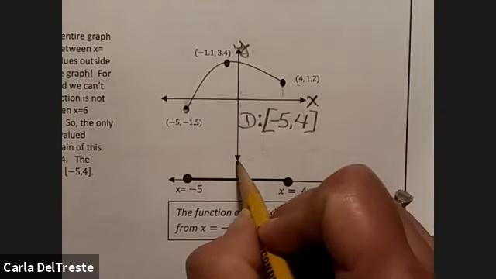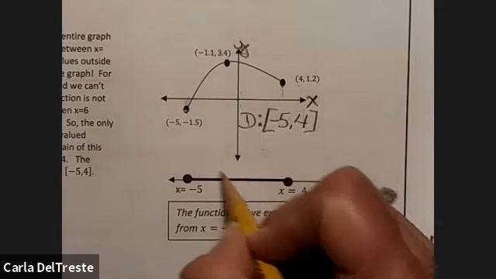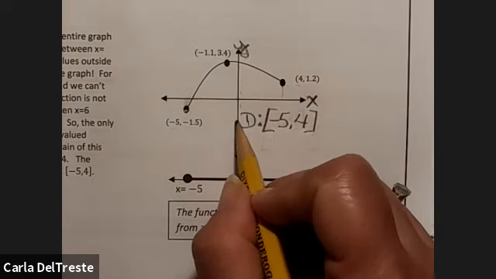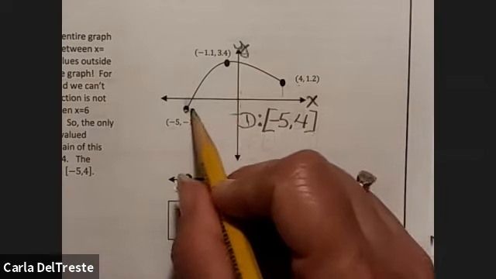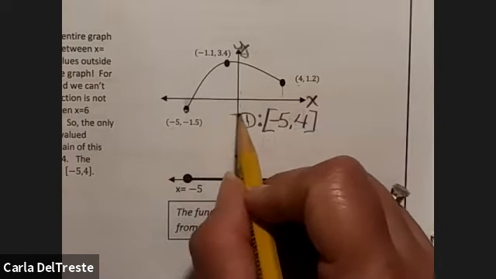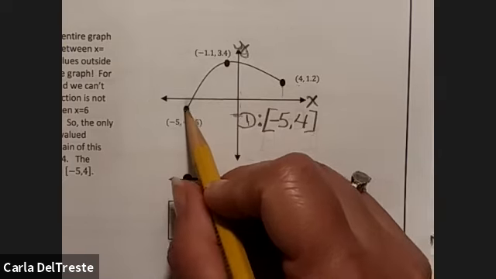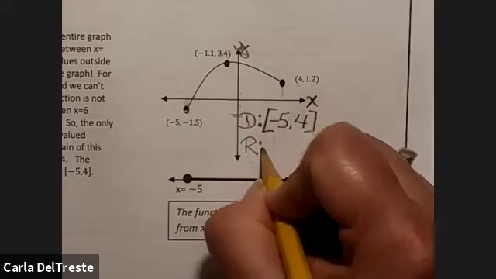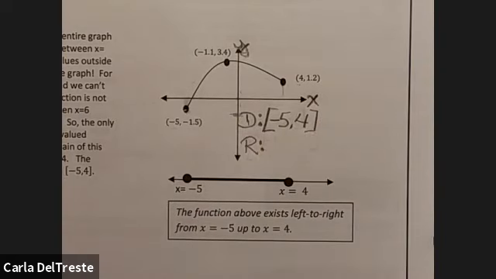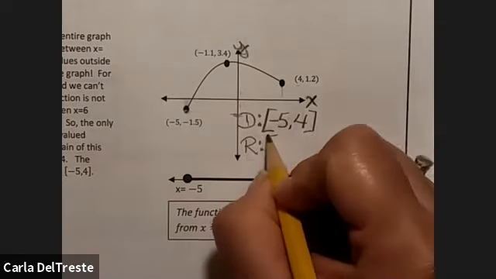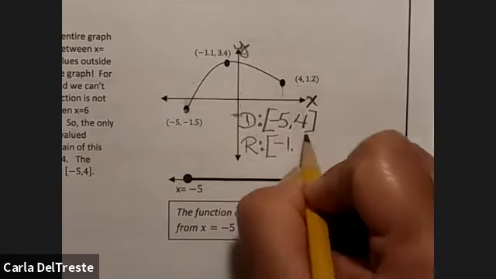As I walk up the y-axis, I don't have any graph down here. I don't start to see graph until I hit -1.5. That's the y value that I would be at right here. And I have a solid dot. So when I write my range, which I'm going to show with an R for range, I can stand at that point. So it starts at -1.5.